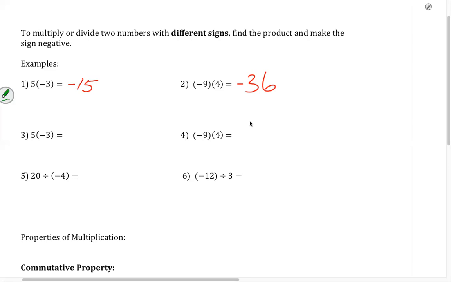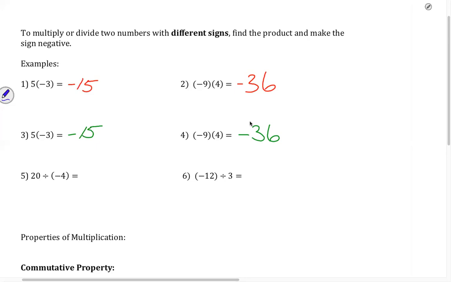And Angela, number 3. Negative 15. I know, I gave you a nice and easy one there. You know how I know it's easy? Because I did it for number 1. So who wants to do number 4? Can I do it? Yeah. Number 4 is negative 36. Yeah, it's the same as number 2. Got a little lazy.